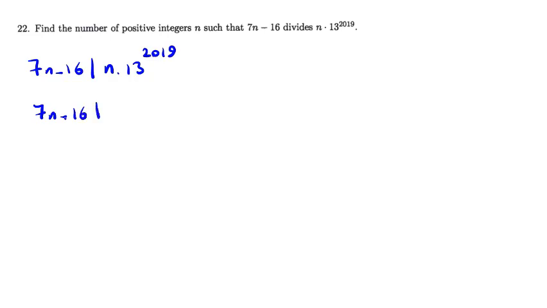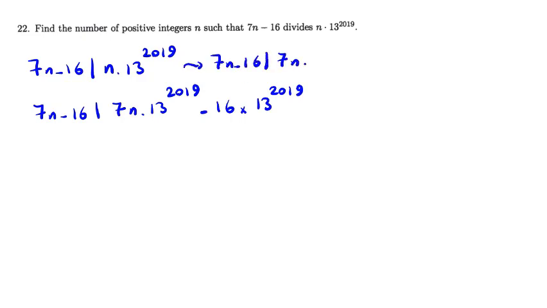If we multiply by 13 to the power of 2019, minus 16 times 13 to the power of 2019, so 7n minus 16 divides 7n times 13 to the power of 2019. So if we subtract, 7n minus 16 divides 16 times 13 to the power of 2019.